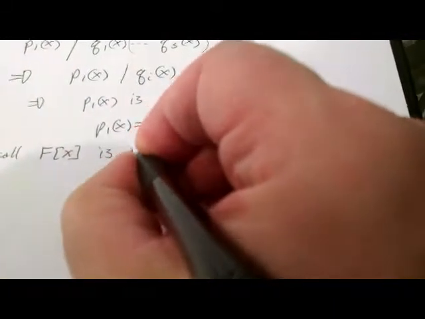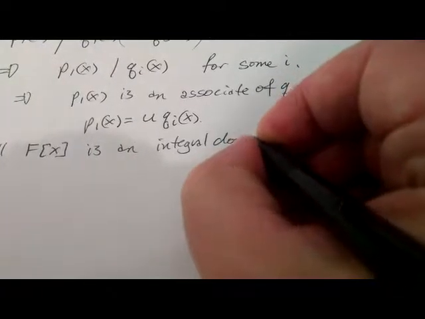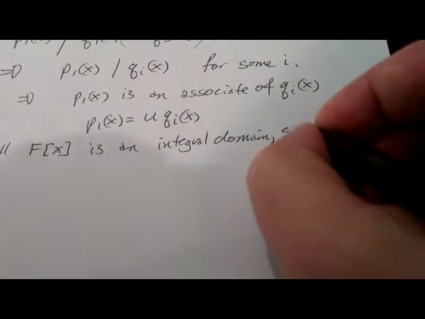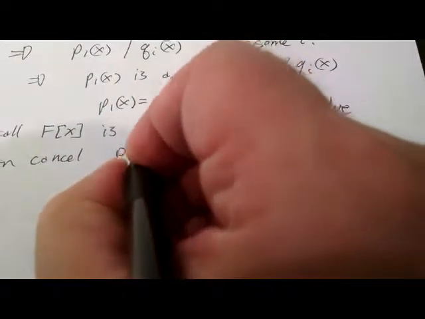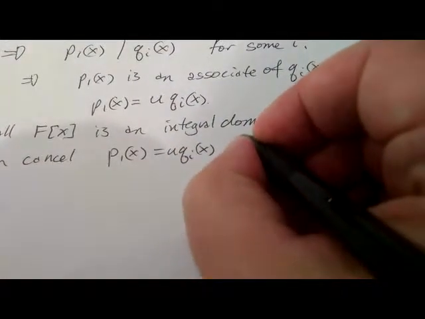We can do that because, recall, F of x is an integral domain. So we can cancel P1 of x equals U Qi of x from both sides.